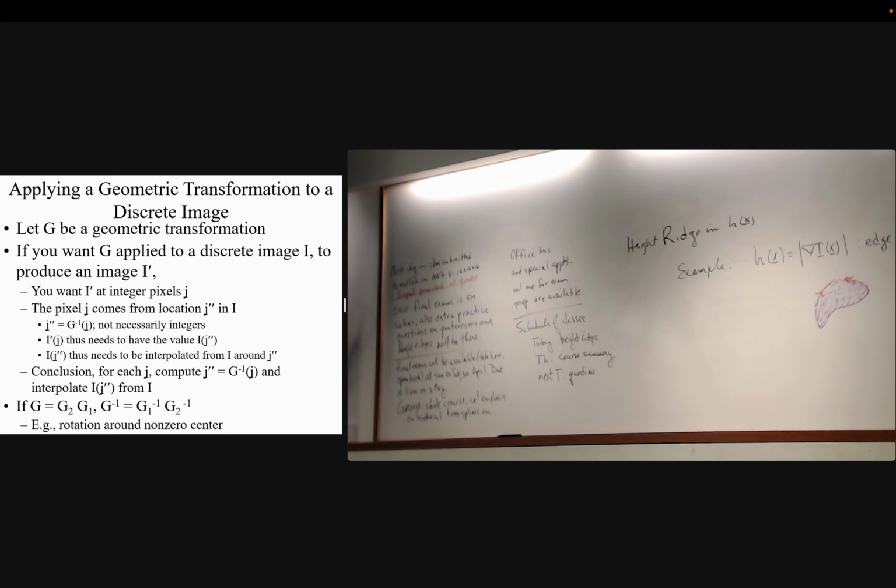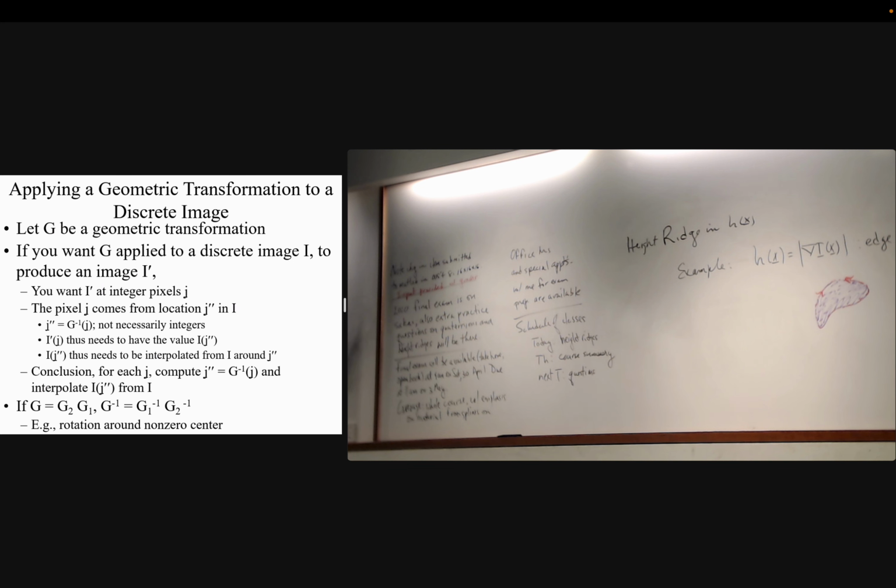And therefore, as you've seen in assignment 7, you apply the inverse of the transform from the target place J to a place in the original image, J double prime, and then that gives you a position in the image, and you have to interpolate the intensity there and put it in pixel J in the result.